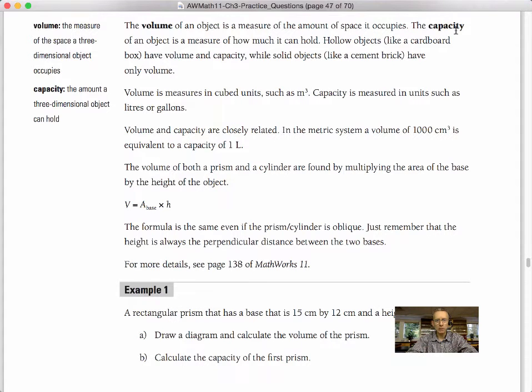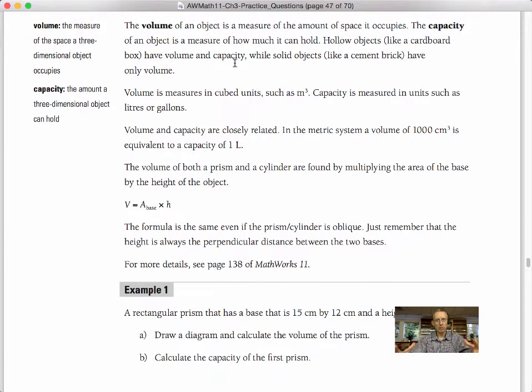The capacity of an object is a measure of how much it can hold. So there is a slight difference here. It can be quite a big difference. Hollow objects, like a cardboard box, have a volume and a capacity. So if you think of a box folded up, it has a volume, but there could be a lot of things inside.